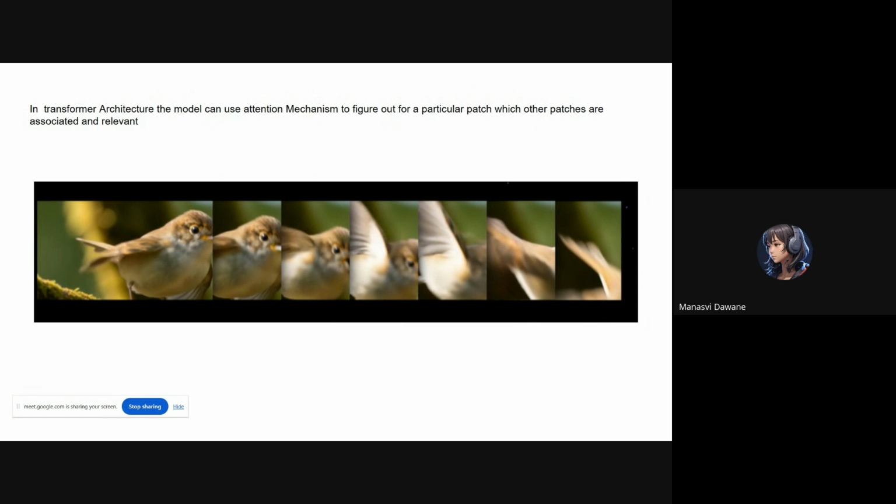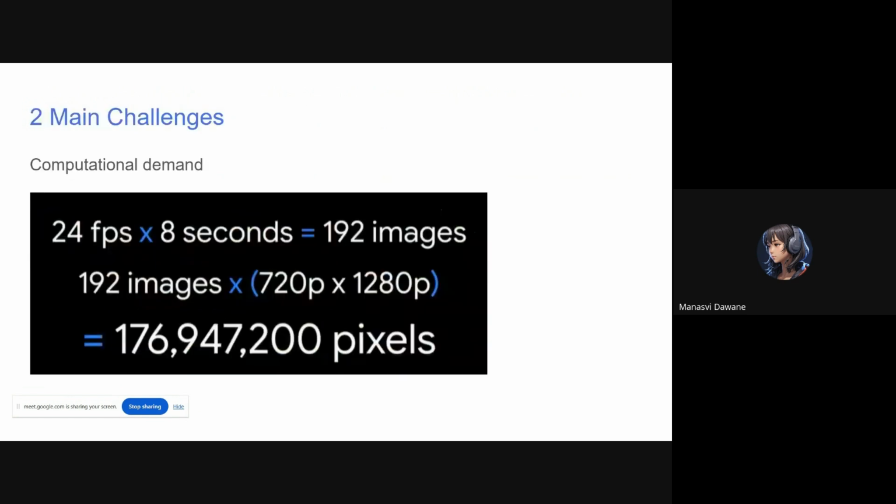One of the good things about the transformer model is its attention mechanism, which figures out, for a particular patch, which other patches are associated and relevant. So this is the first image, and if we take this third one, due to the attention mechanism, it automatically detects what will be after or before the image. That's another good help. That's how consistency is maintained.